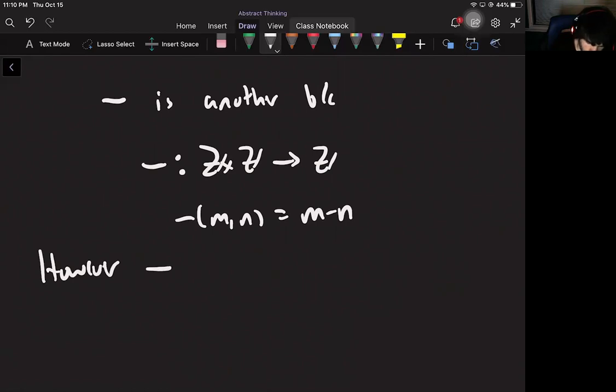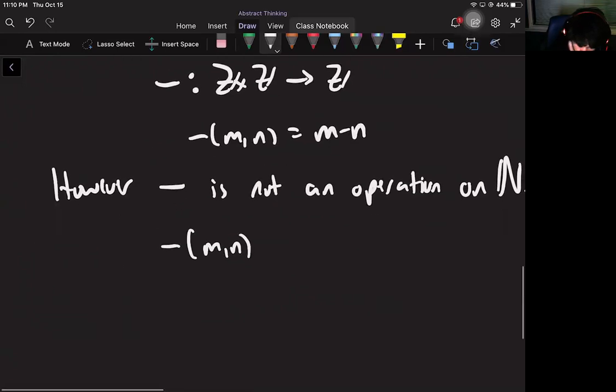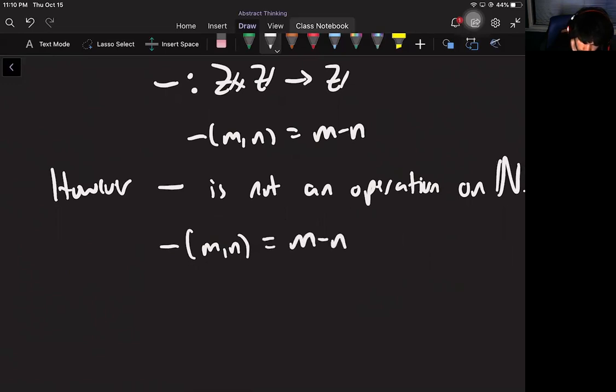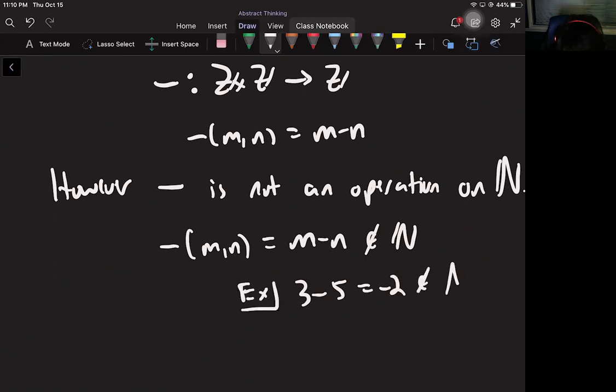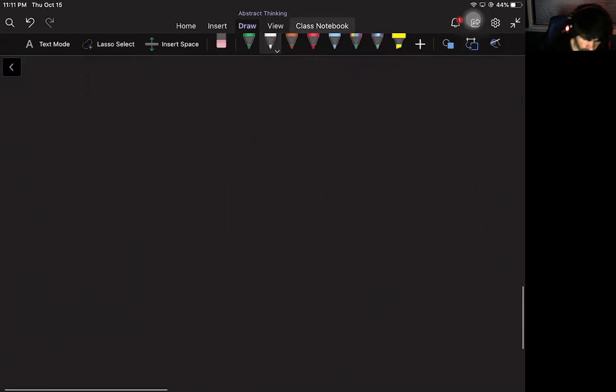For example, subtraction is not an operation if you only consider the natural numbers. Because if I take two natural numbers and subtract them, this is not necessarily a natural number anymore. If I do 3 minus 5, I get -2, which is not in the natural numbers. So it's an operation, but not on the natural numbers. On Z it is.